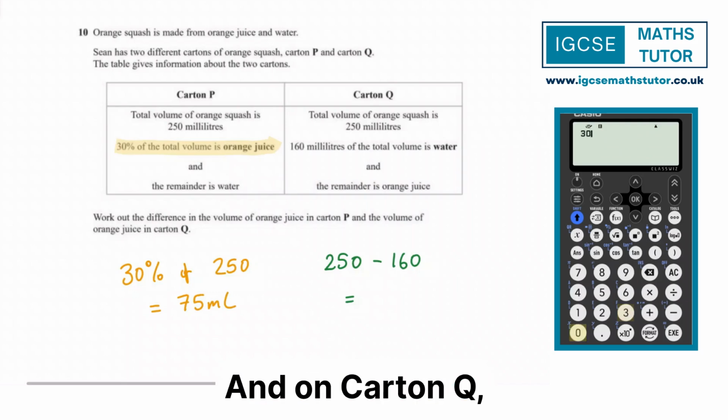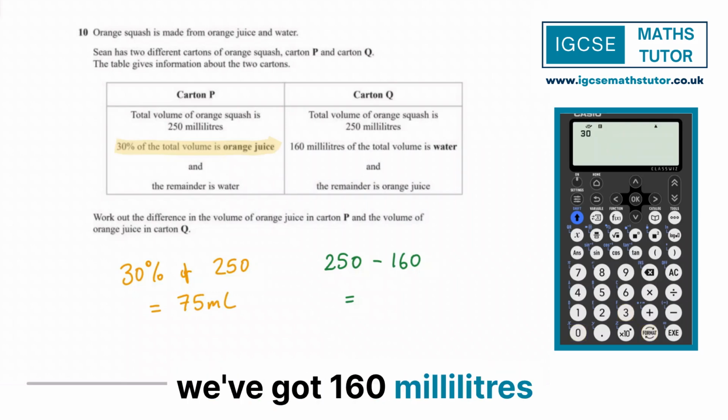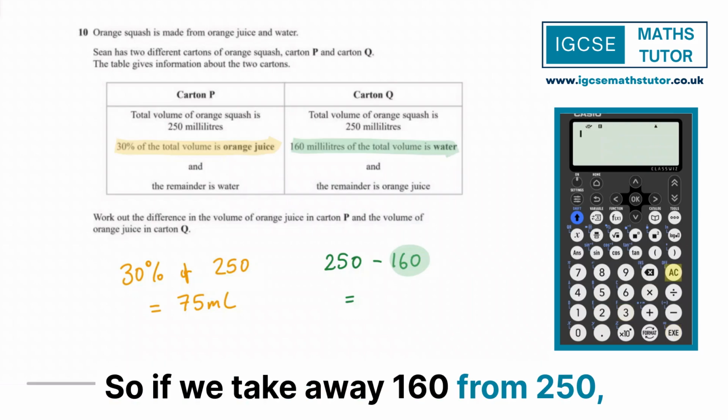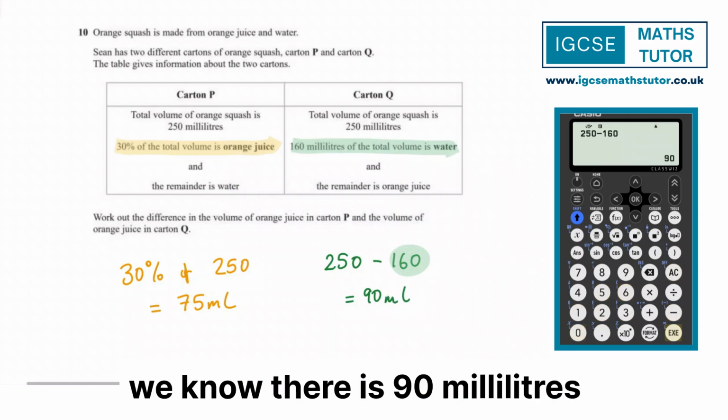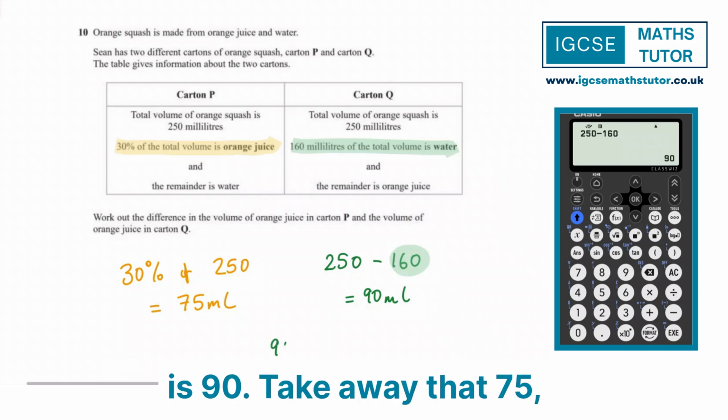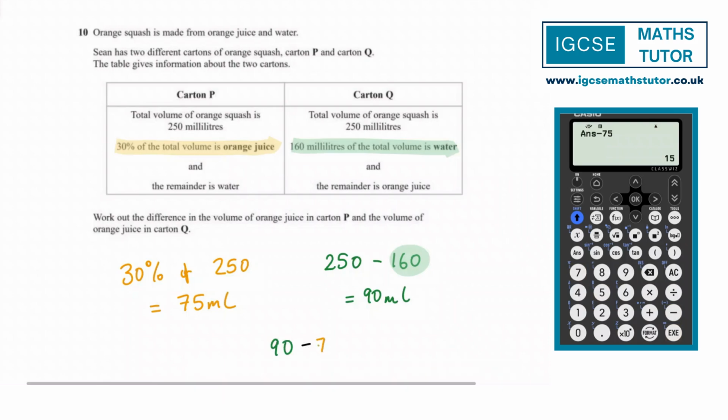And on carton Q, we've got 160 millilitres of the 250 is water. So if we take away 160 from 250, we know there is 90 millilitres of orange juice. So the difference between them is 90, take away that 75, so it's going to be 15.